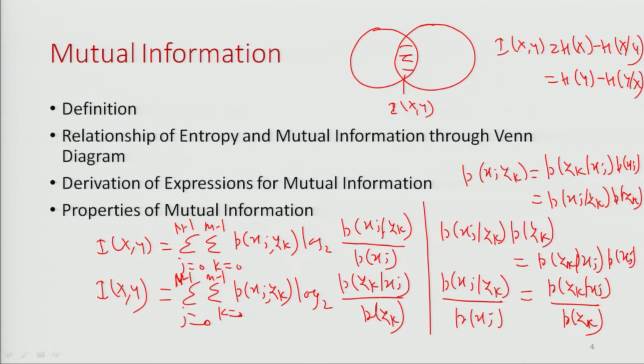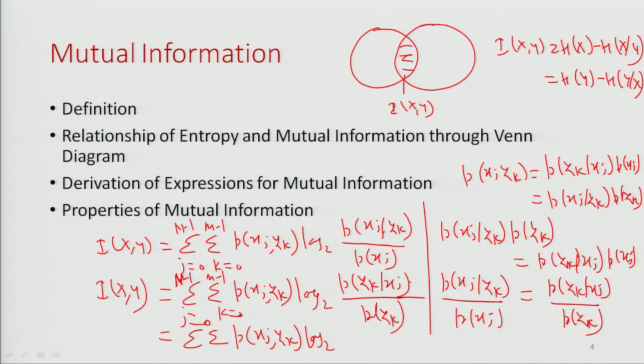Similarly, in the second equation, if you multiply p(xj) in the numerator and denominator, then this becomes the double summation of p(xj, yk) log base 2. When you multiply with p(xj), then p(yk given xj) into p(xj) is the joint probability.